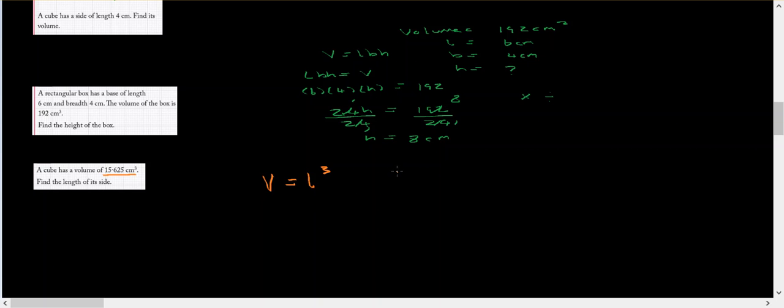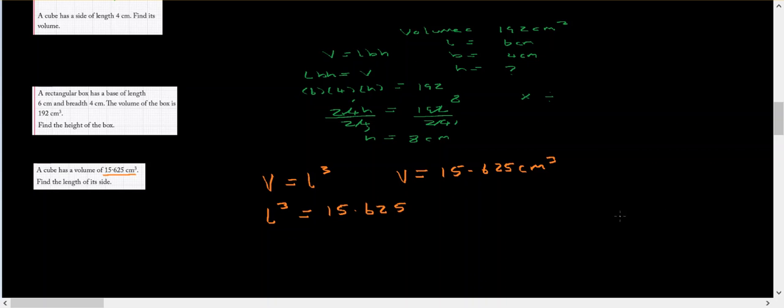So we have volume is equal to 15.625 centimeters cubed. So we put in what we have and rewrite this: length cubed is equal to the volume, which is 15.625.